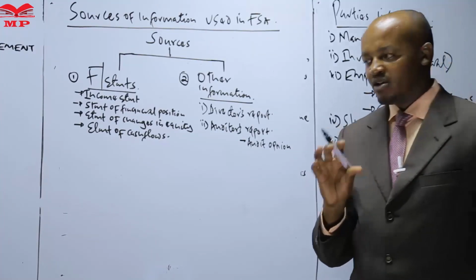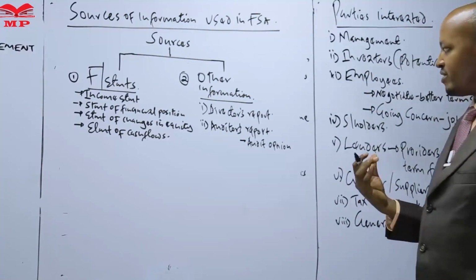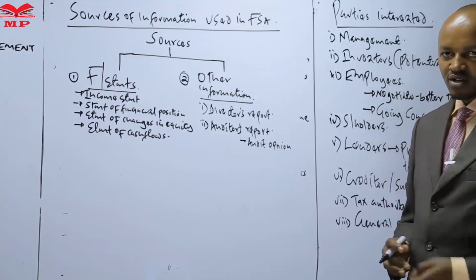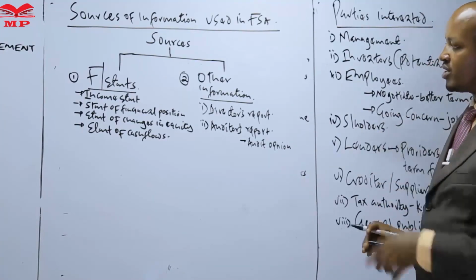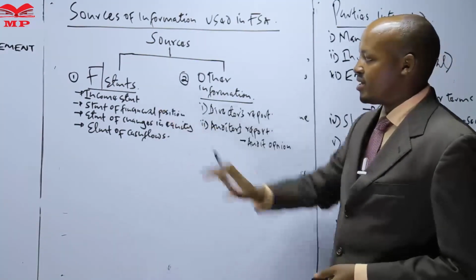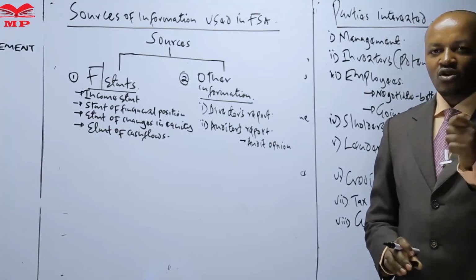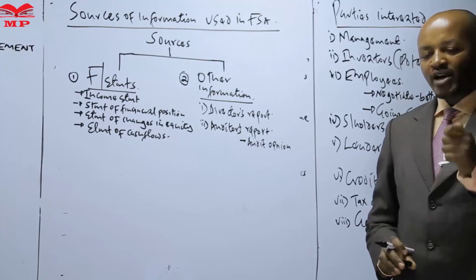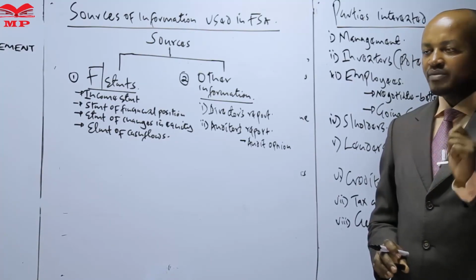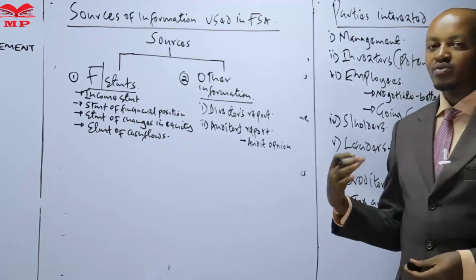Whenever the auditor has given, for example, a qualified opinion, this means that those financial statements prepared by a company do not reflect a true and fair view of the company's state of affairs, and also that those financial statements were not prepared in accordance with the relevant standards.